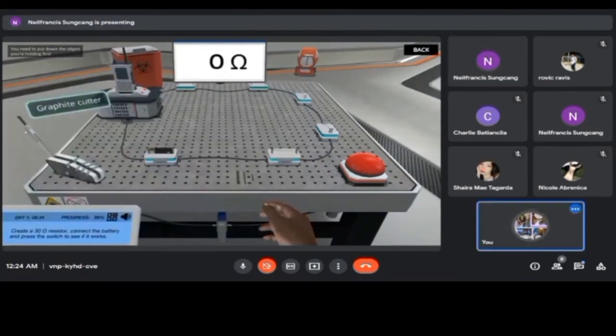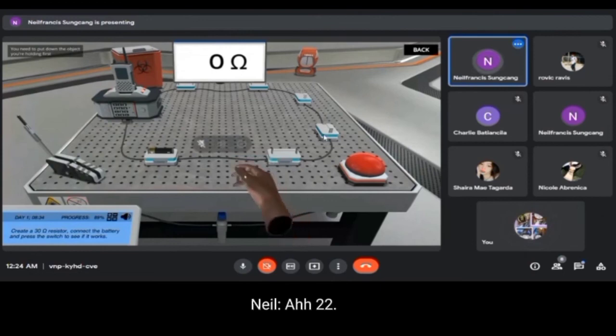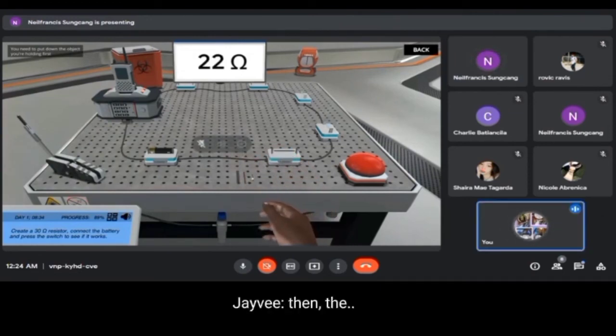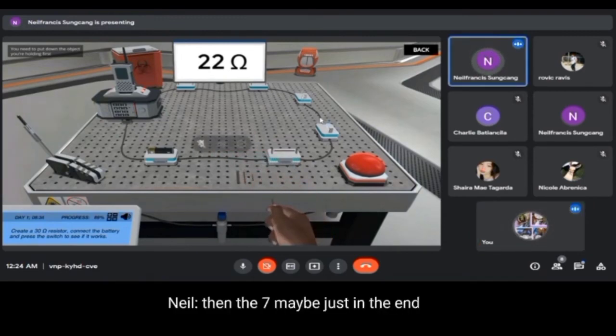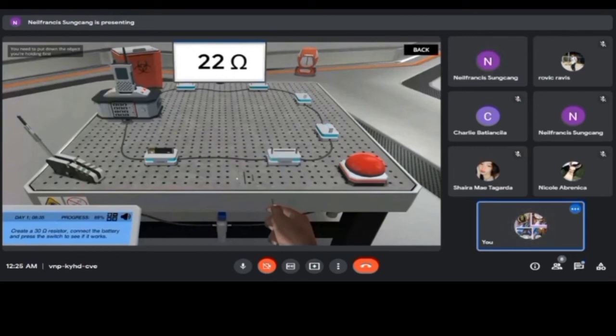Oh. Lagay mo yung nasa gitna. Sa gitna. Ito. Hindi, yung 12. 22. Yung 22. Dito, no? Yes. Try natin. Tapos yung ano, yung 7, siguro sa dulo na lang. Hindi. Oh. Kailangan maging saktong 30 eh. Diba?